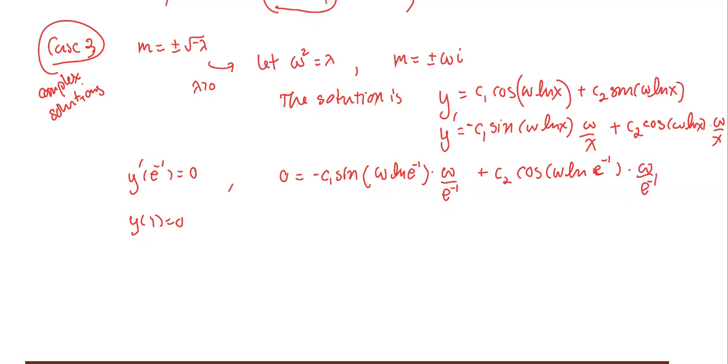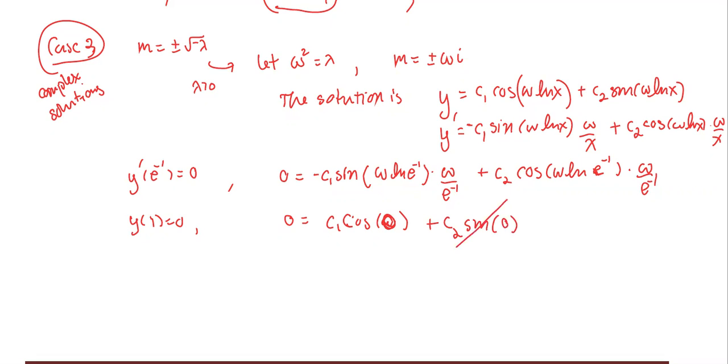It is kind of tedious, right? And then for the second one, y at 1 equals 0. C1 cosine of omega natural log 1, which is 0, and plus C2 sine of omega times 0, which is 0 again.